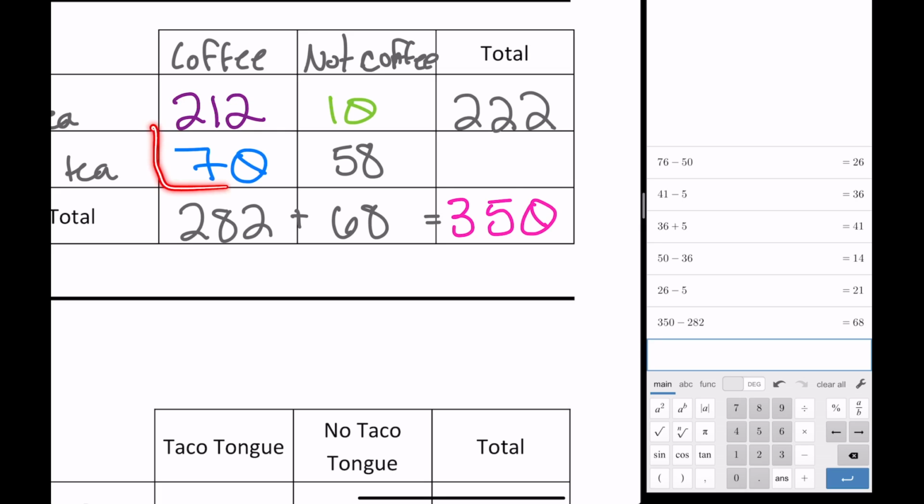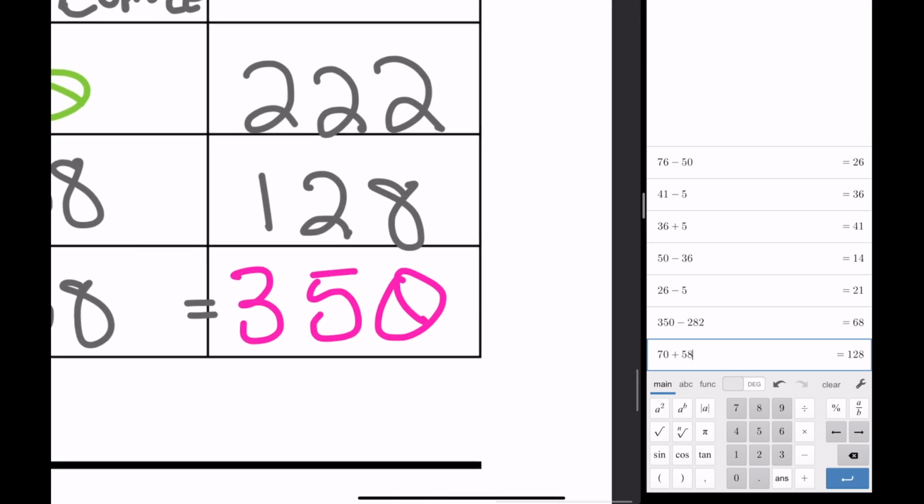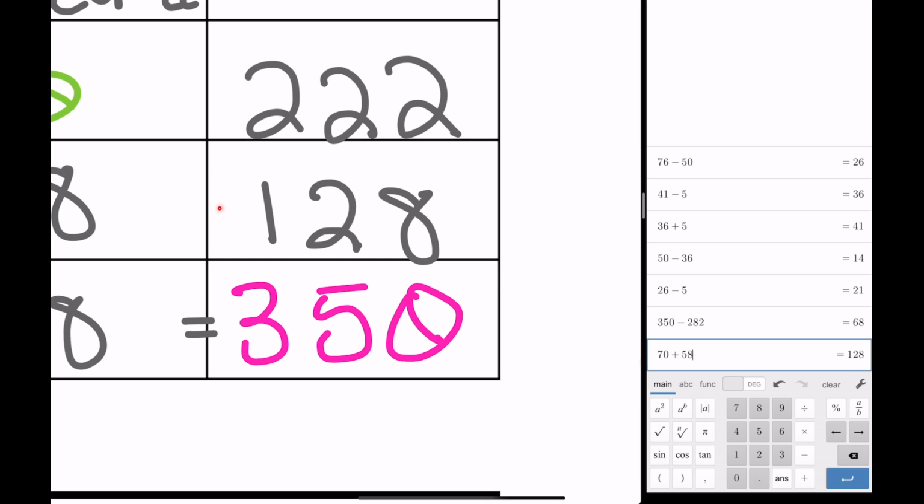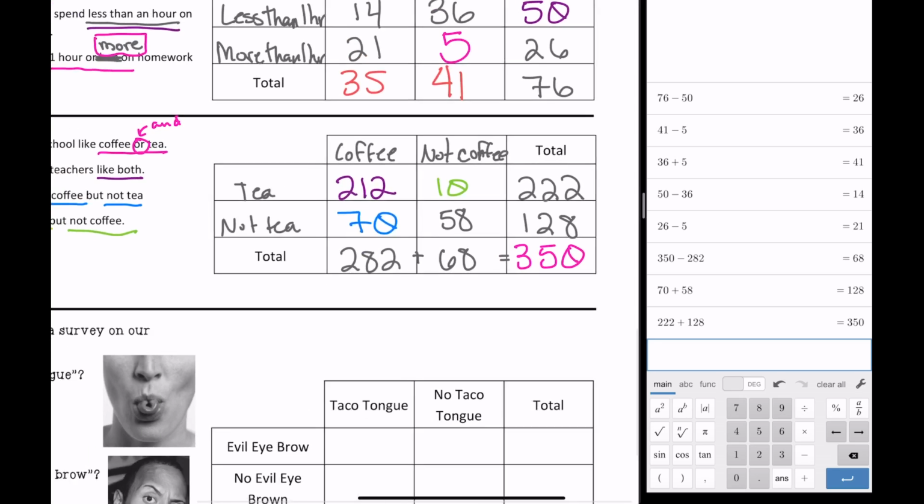So I'm going to use the row here, and I'm going to figure out what's 70 plus 58, because these are two joint frequencies, to help me get my marginal. So 70 plus 58 is 128. I'm going to double check that these two numbers add up to give me 350, because I just want to make sure I didn't make any boo-boos here. And that works out. Okay?